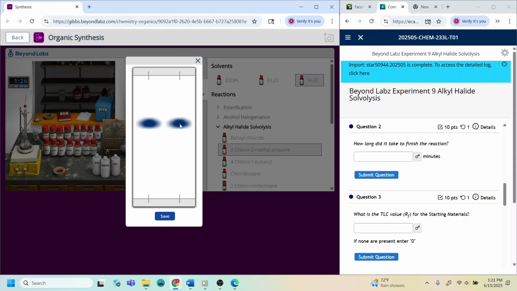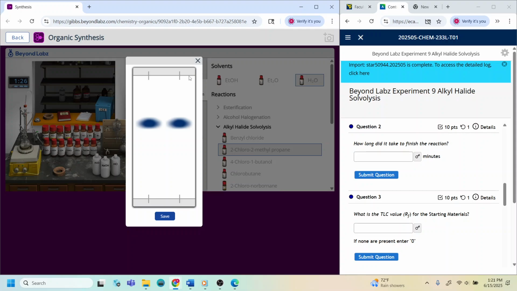From the center of the spot, you are going to take your measurement. You're going to start your measurement from the spotting line to the center of the spot. And then you're going to do another measurement from the spotting line to the solvent front. And then you're going to divide the small distance over the large distance.